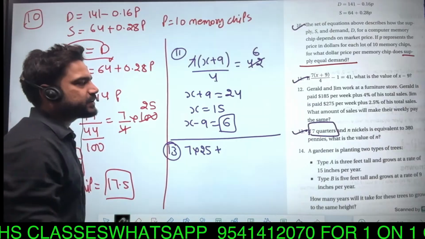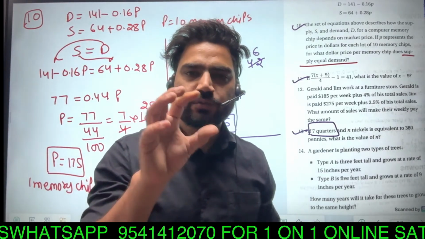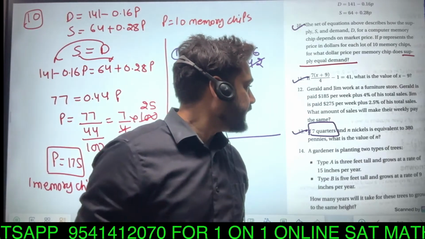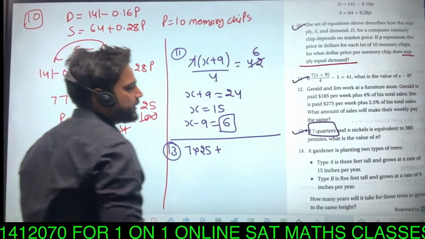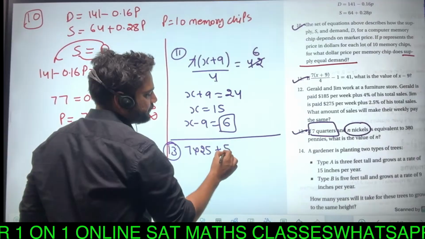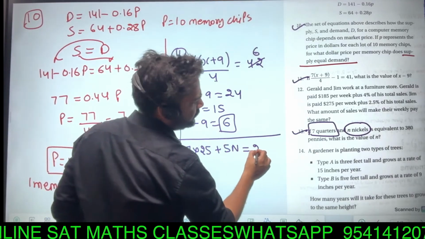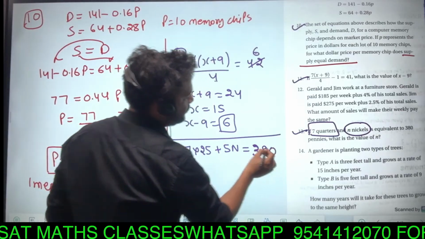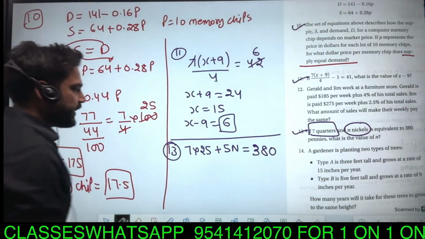In a nickel we have 5 pennies, so we multiply n by 5, and this is equal to 380 pennies. So very easily we can find the value of n from here.